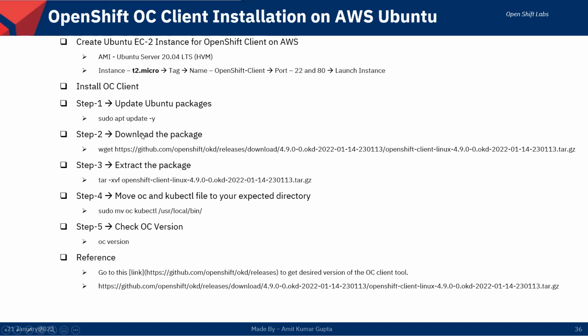Then we need to download the packages, then extract them, and then move the OC and kubectl files to the user bin directory, and check the OC version. I've added this reference here. If you open this reference, you will get all those details.